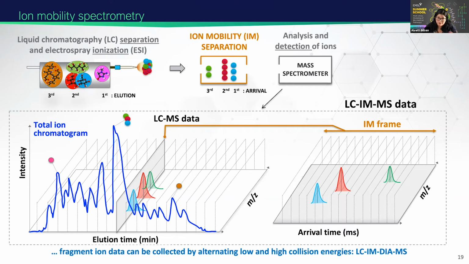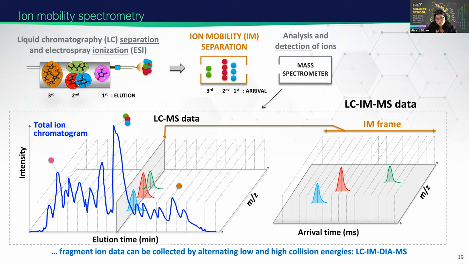And also combined with this, the ion mobility separation, we can collect fragment ion data by alternating high and low collision energy. This is when we apply data independent acquisition combined with ion mobility and liquid chromatography.